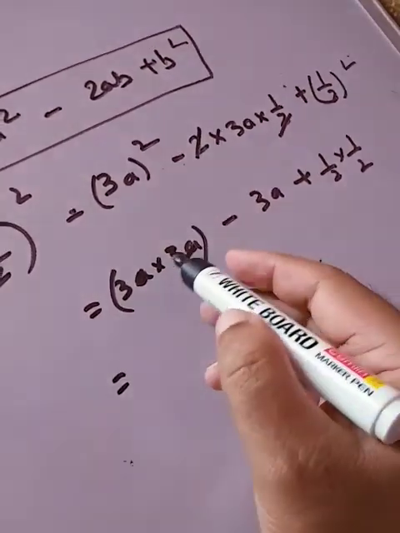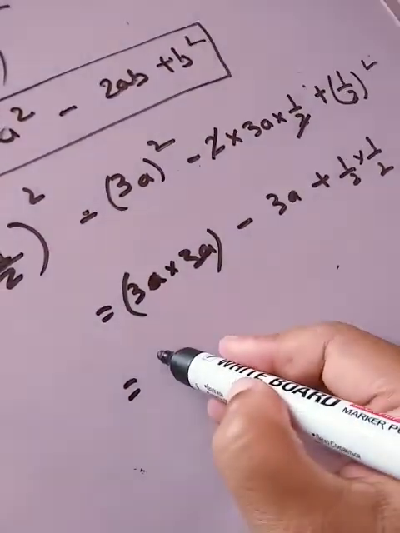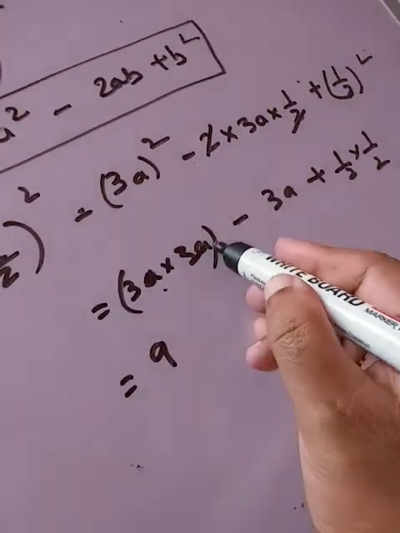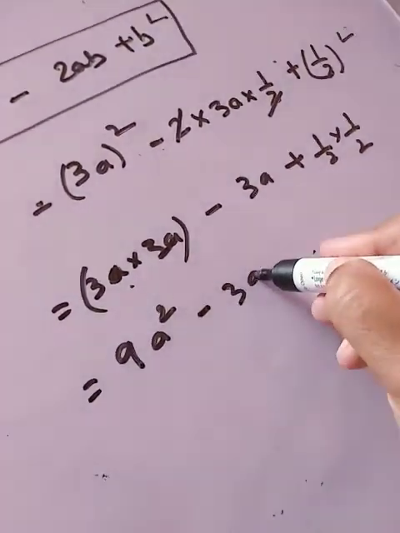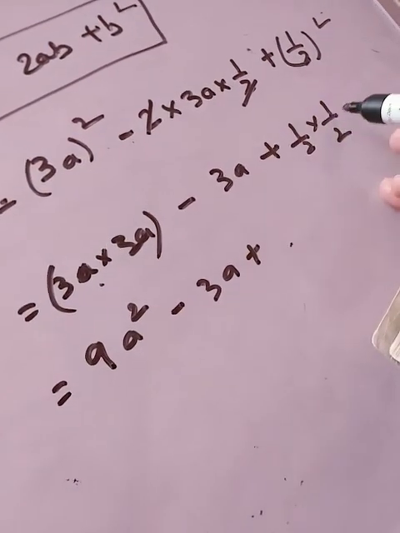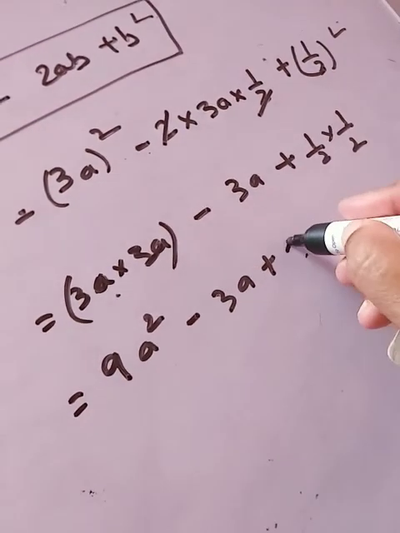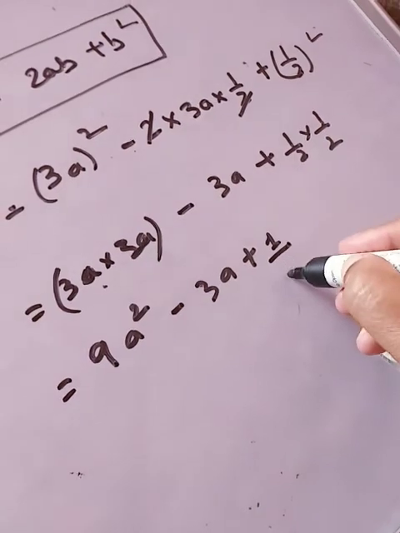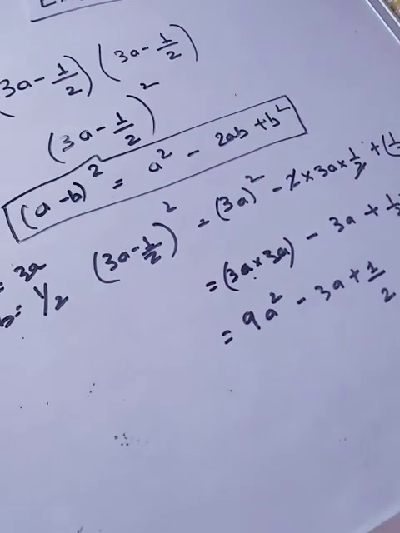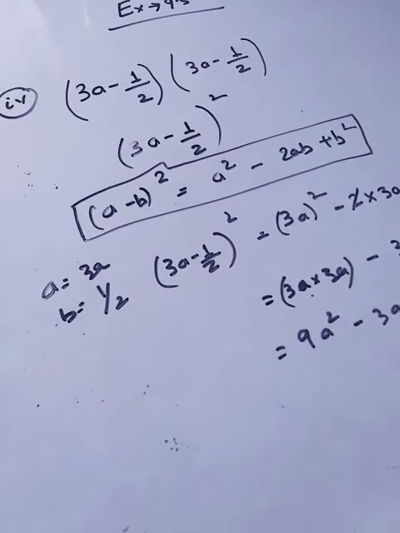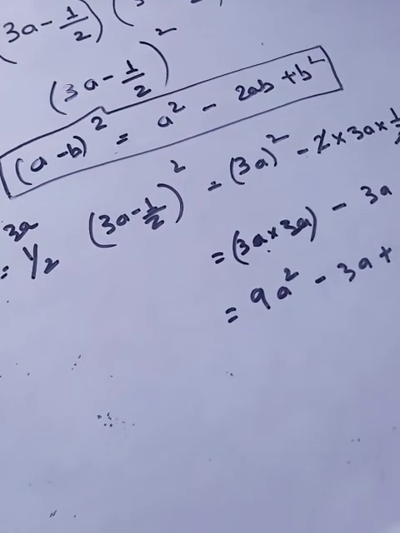Now, 3a into 3a means 3 into 3, 9, a into a, a square. We will write 3a. Now, we will multiply 1 by 2 into 1 by 2. 1 ones are 1, 2 into 2, 4. So, this is your required answer. Simple. Now, let's see what is there in question number 5.